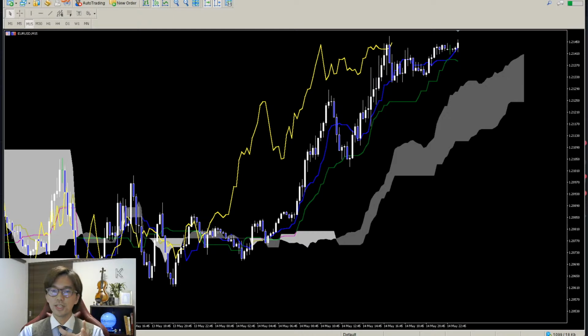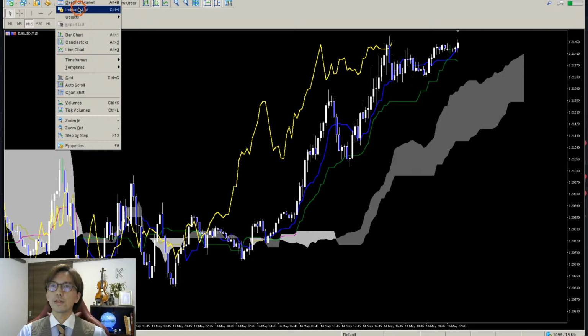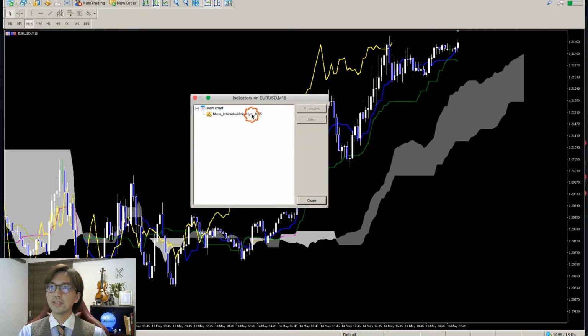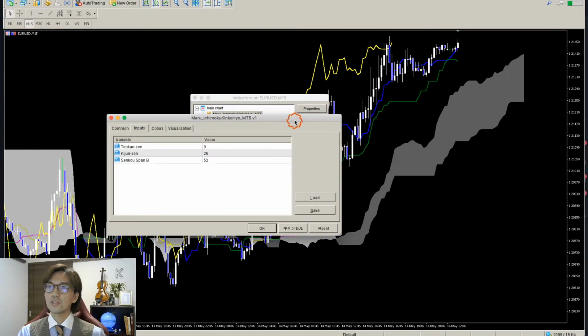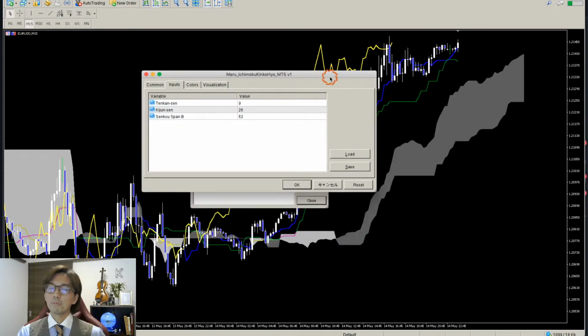But the one that I'm using has the correct displacement, which is available in my Ichimoku community. Thank you to Maru-san, who created this correct displacement of Ichimoku, and that's what I'm using for the MT5. But most of the time I use Tradingview to analyze, and I simply execute trades by mobile through MT5.